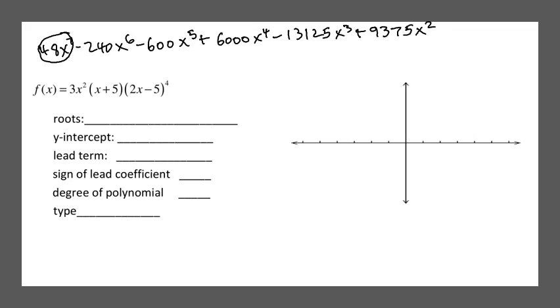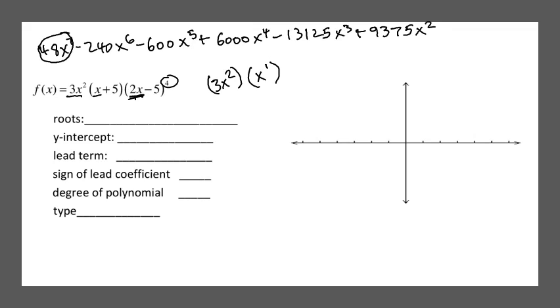coefficient is. One thing we could do is notice that if we took just the leading terms of each factor and multiplied them, we would have 3x^2 times x, or x to the 1. And then we notice this 2x is being raised to the 4th power.